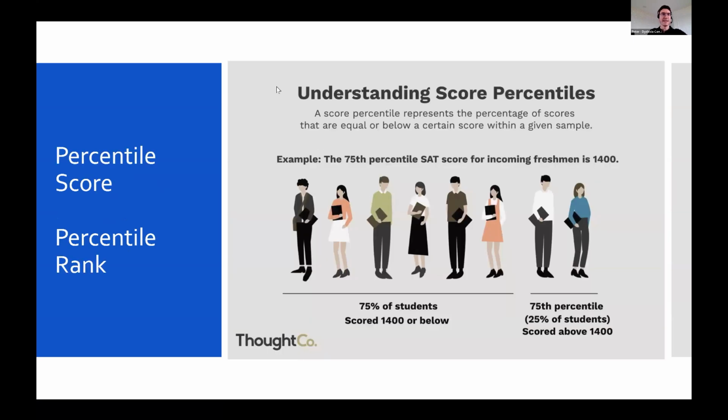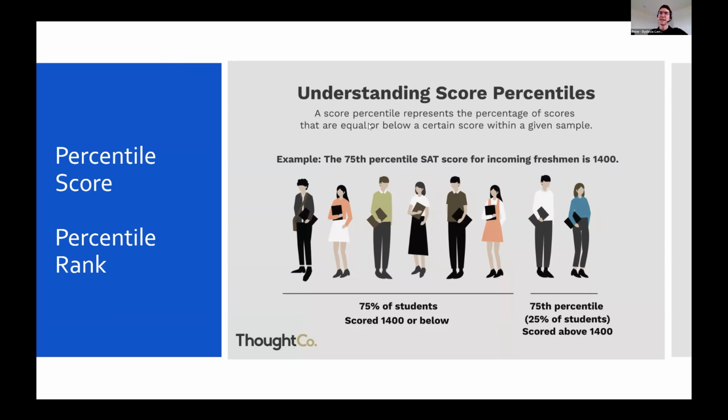Scores from standardized testing are listed in percentile score and percentile rank. And this is something that can be a little bit confusing sometimes. I know I've occasionally looked at data and thought, wait a minute, is everybody else above this or below this of a certain percentage? So I thought we would just go over what that means for a moment.